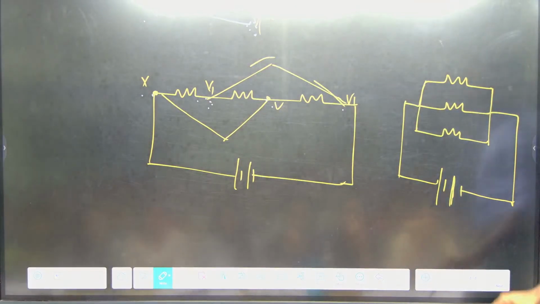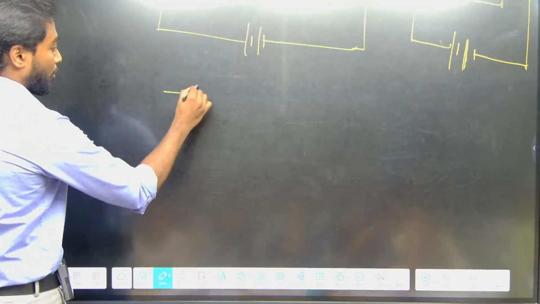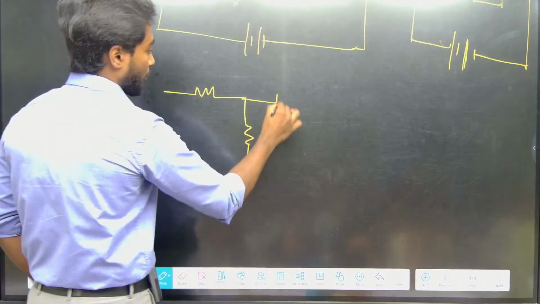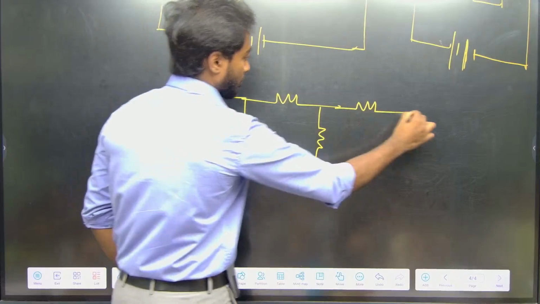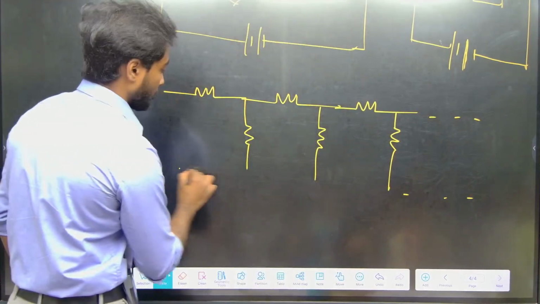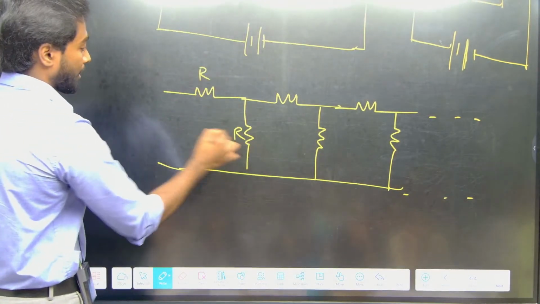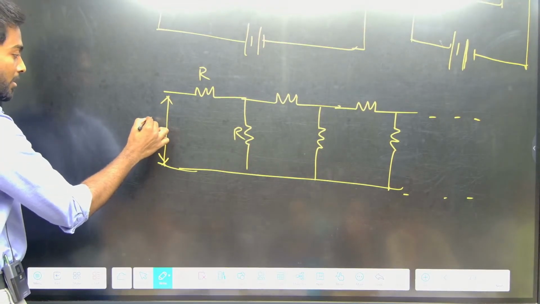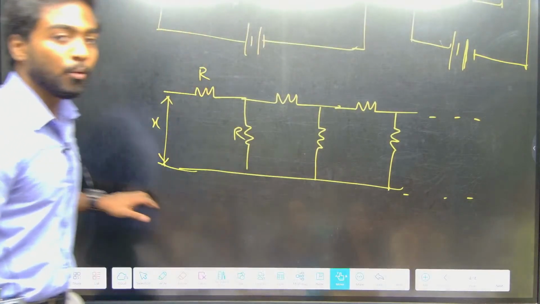capacitance only. Yes, no? If I talk about it, there is a resistance and one more resistance connected like this, so it is going on. So R and this is R, and the potential between them, let me take as X. Okay, this is the thing we have talked about now.